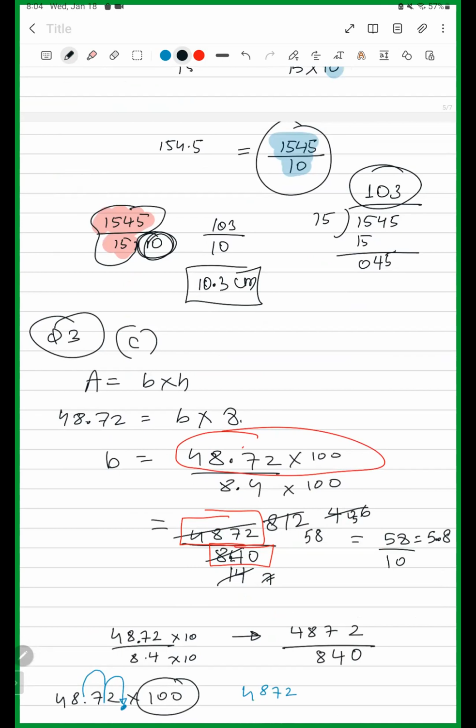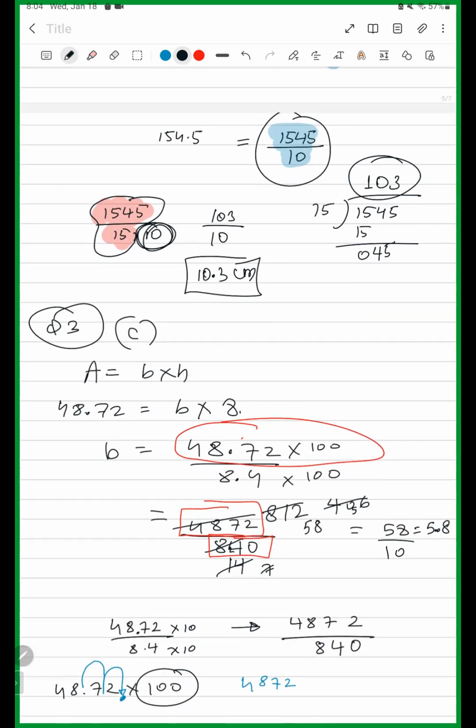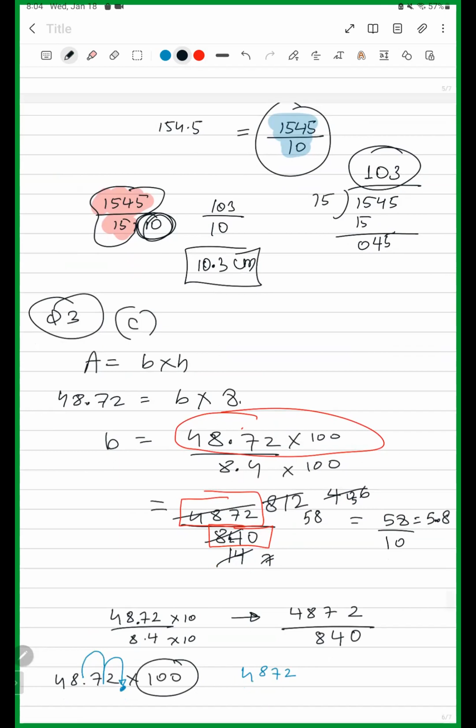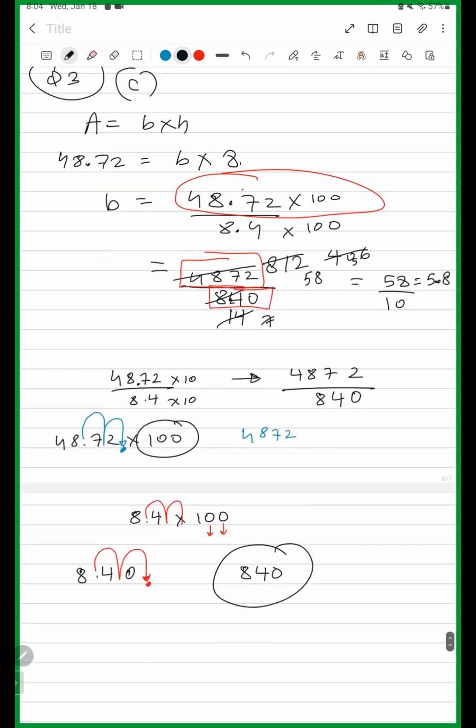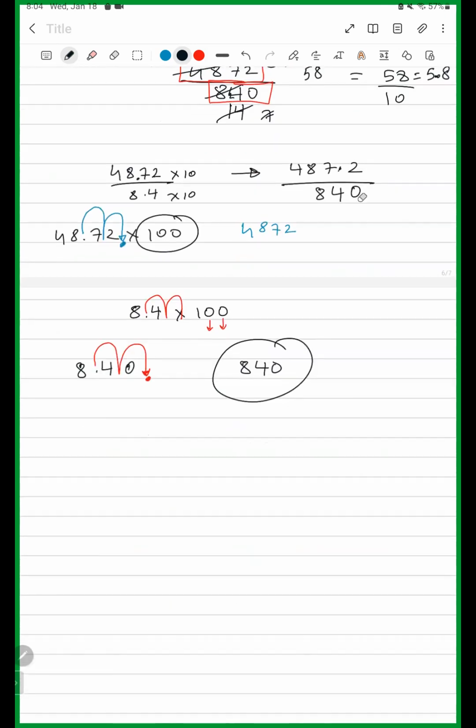Children, okay. There are two ways of dividing this. If you want to solve it, you can do it like this.